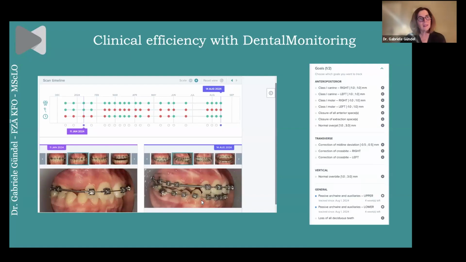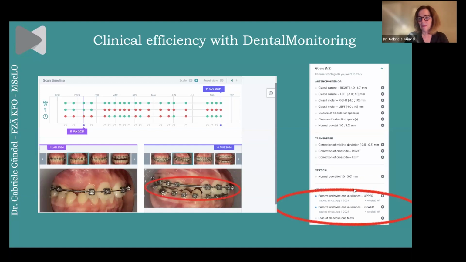The assistant can prepare everything before the patient is coming, and it's really effective. Short time for him, effective for us, and everything he needs is done.